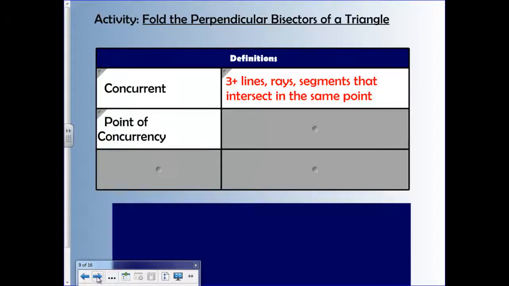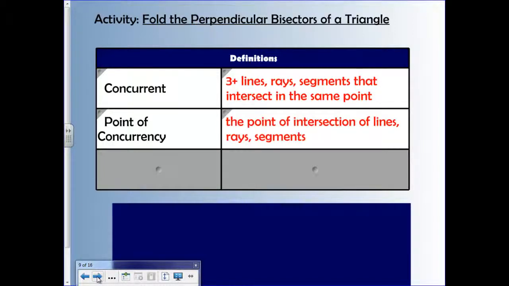If I say point of concurrency, I'm just talking about the point where they intersect. So it's the point of intersection of lines, rays, or segments. Concurrent means they intersect. Point of concurrency is where that occurs.